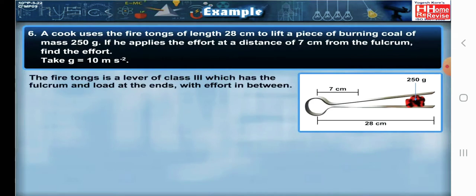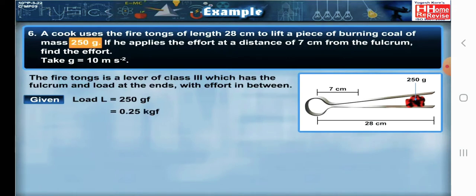The fire tongs is a lever of class third which has the fulcrum and load at the ends with effort in between. Given, load L is equal to 250 gf, which equals 0.25 kgf, is equal to 0.25 into 10 Newton, which equals 2.5 Newton.